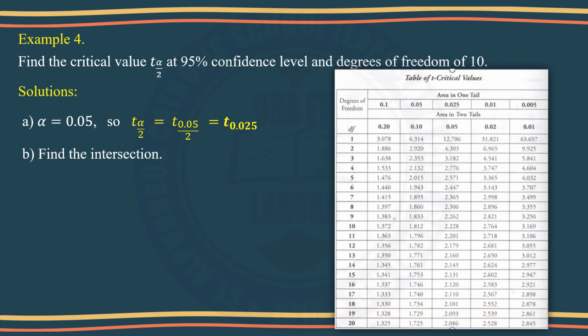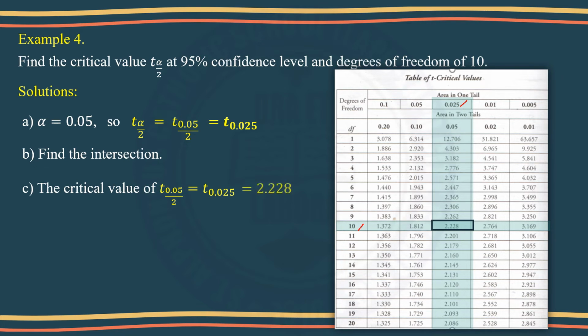Next is to find the intersection of 0.025, which is the area in one tail, and the value of degrees of freedom, which is 10, and that is 2.228. Again, the critical value of t sub 0.025 is equal to 2.228.